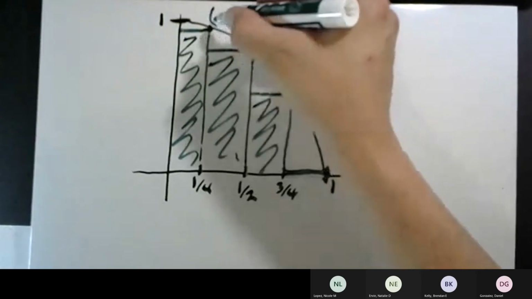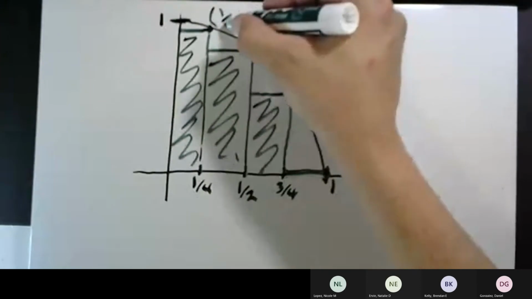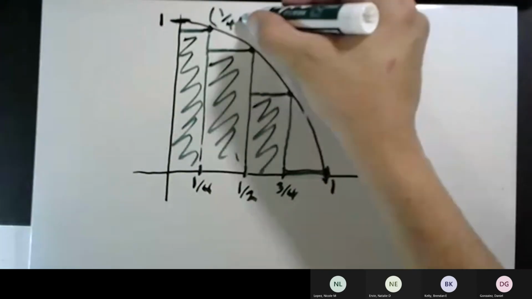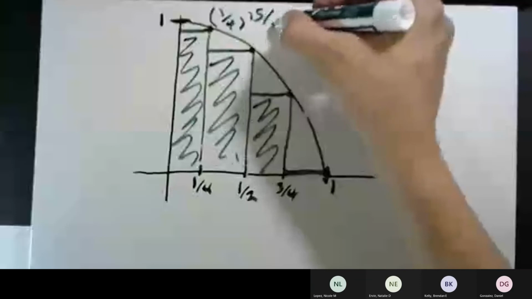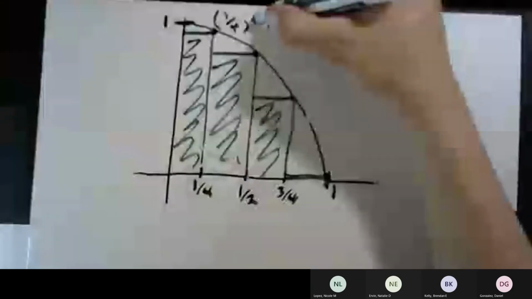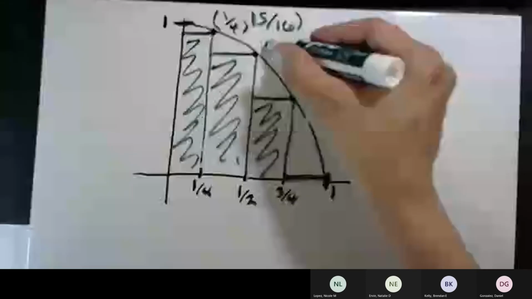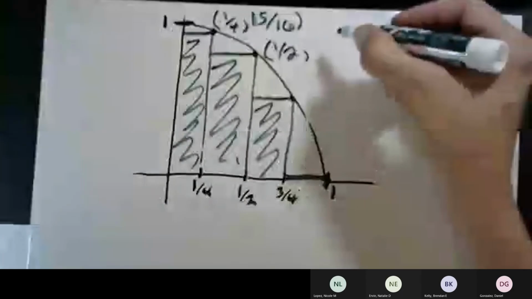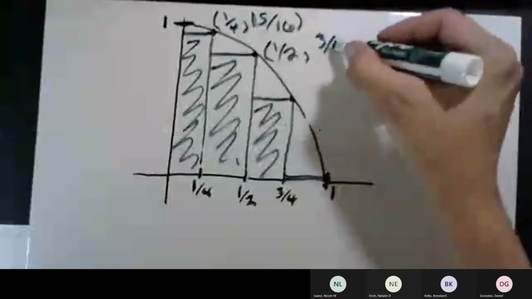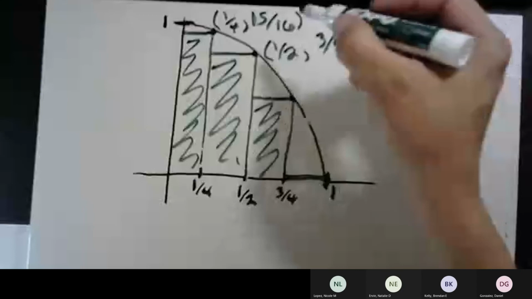So this point here is 1/4 and 15/16. That's kind of hard to see, let me know. But 1/4 and 15/16. This one is 1/2 and 3/4. So the y value is 15/16.